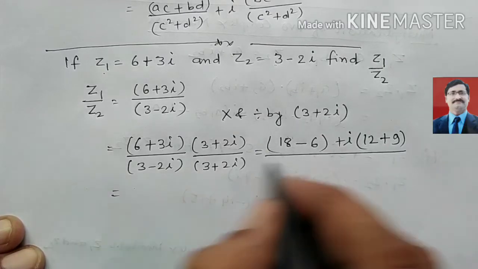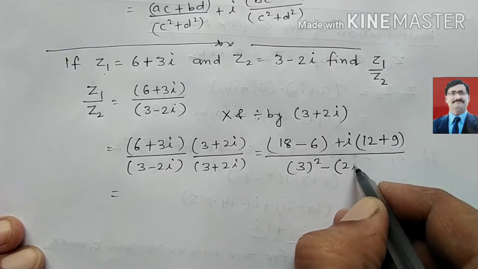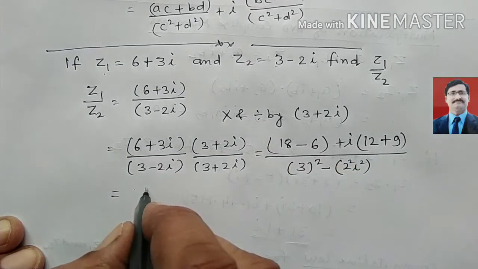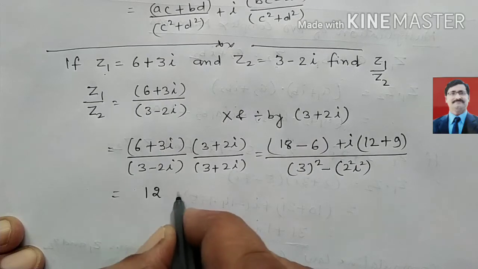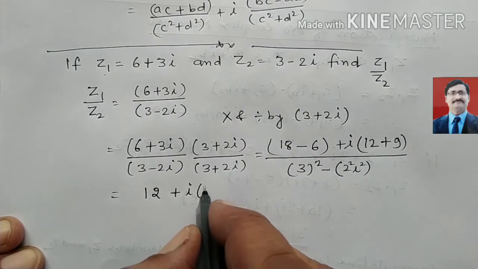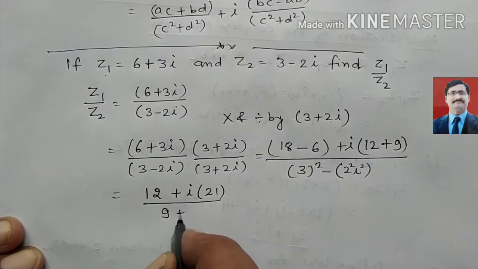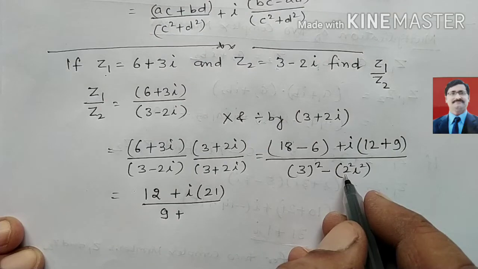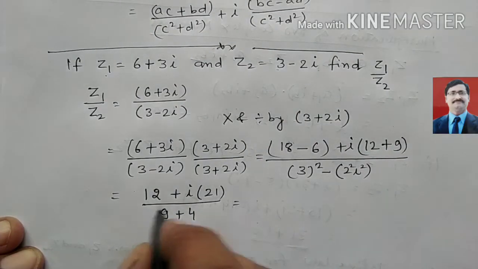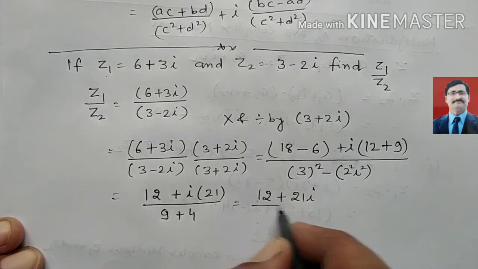Upon, you can write here, 3 whole square minus 2 square iota square. 18 minus 6 we get 12, and plus iota, this we get 21. Upon 3 square is 9 plus 2 square is 4, and iota square is minus, minus minus is plus, I write here. So you get 12 plus 21 iota upon 13.